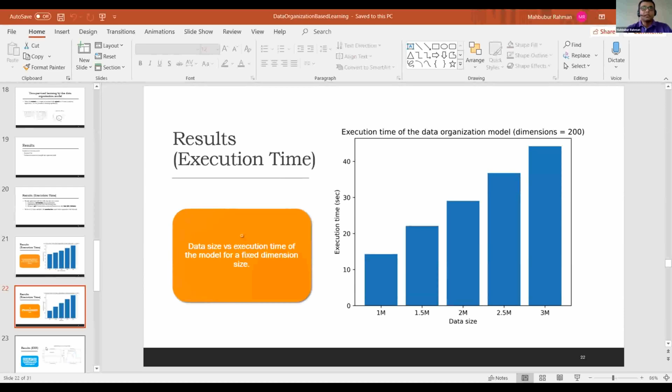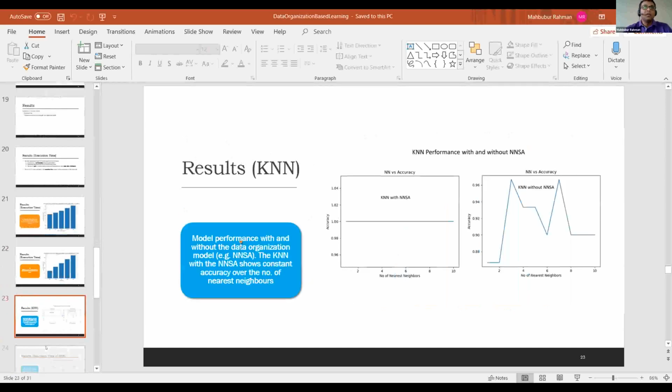However, we have increased the data size from 1 million to 3 million, and we find a linear increment of overall execution time for this data organization model. One comment I would like to make is that this execution time can be further improved by using a high performance computing environment like a CUDA graphics processor. That's one enhancement of execution time available for this organization model.